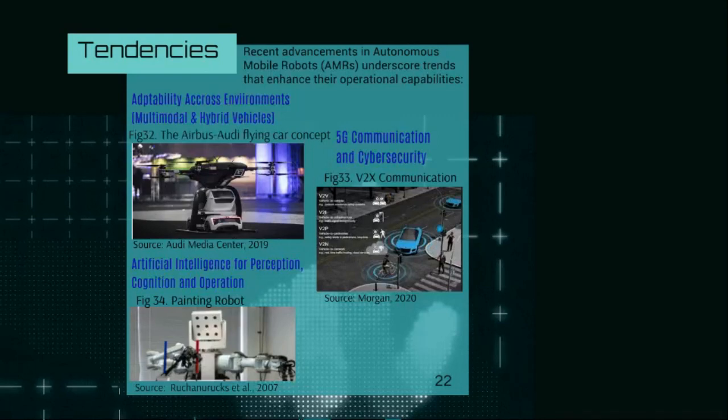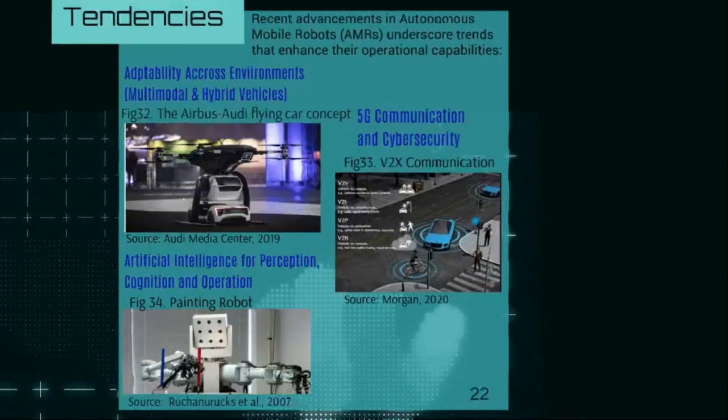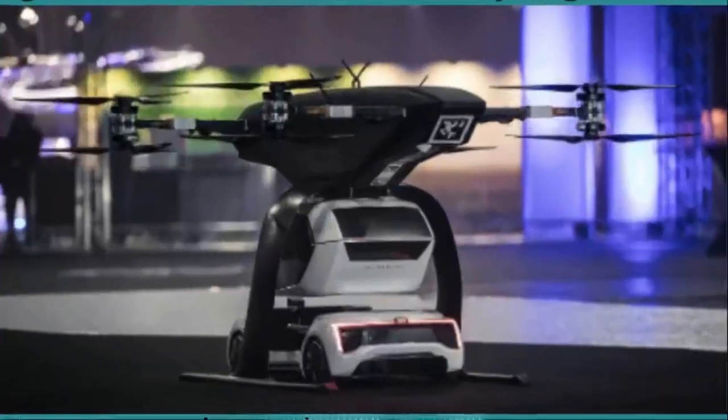The robot can fly and walk, for example, or can navigate underwater and over land. Also, 5G communication, cybersecurity, and artificial intelligence in the loop, improving all the phases from perception to operation. So let's see some videos.